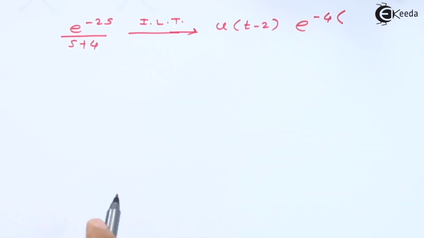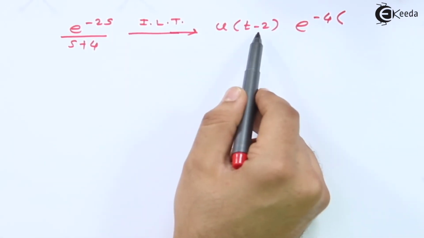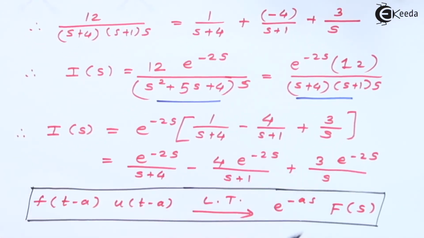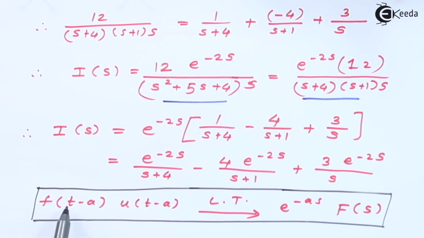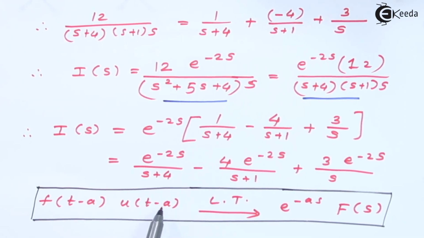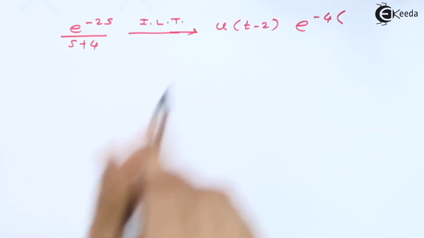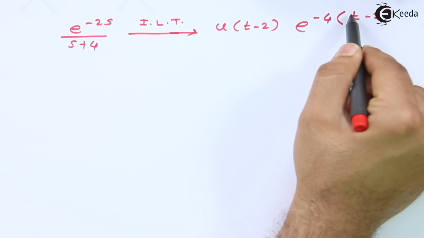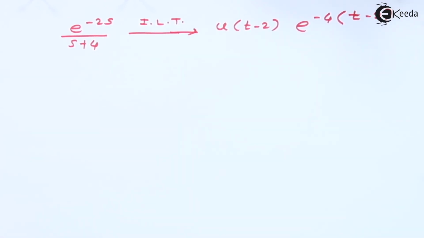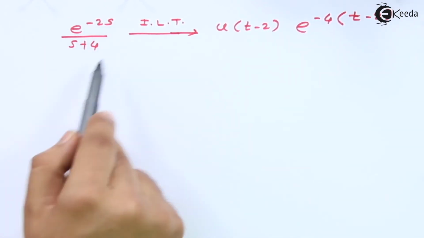But because this is a delayed signal, and here you have u of t minus 2, it is t minus a. Here also it is t minus 2. So this is the inverse Laplace transform of the first term.